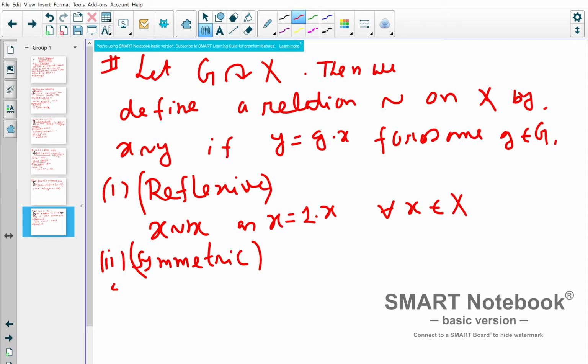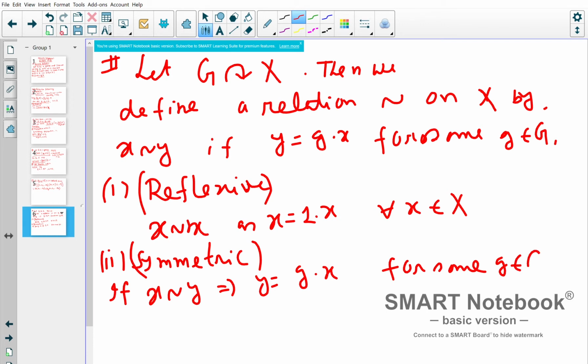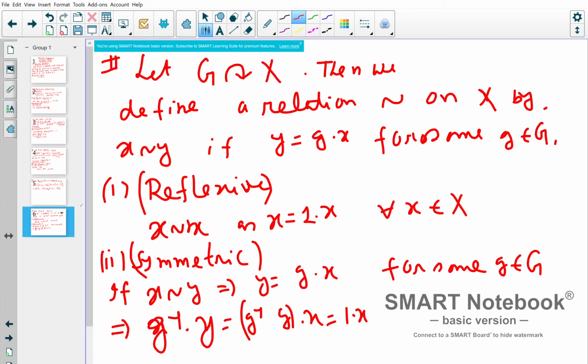Now if x is related to y, this implies y equals g dot x for some g belonging to G. But that implies that x equals, multiplying both sides by g inverse, g inverse dot y equals g inverse g dot x, which is nothing but 1 dot x, but by the first property it is nothing but x.